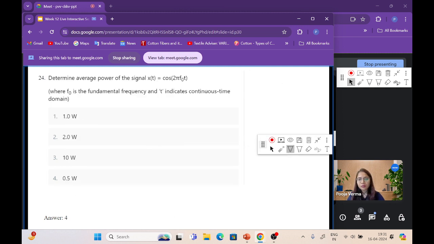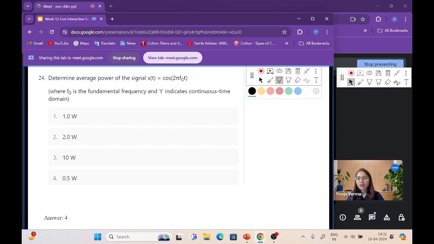So the next question is, determine the average power of the signal x(t) equals cos 2 pi f naught t, where f naught is the fundamental frequency and t indicates the continuous time domain.